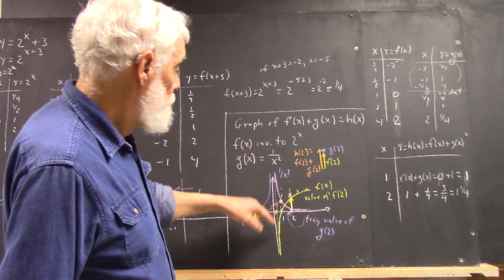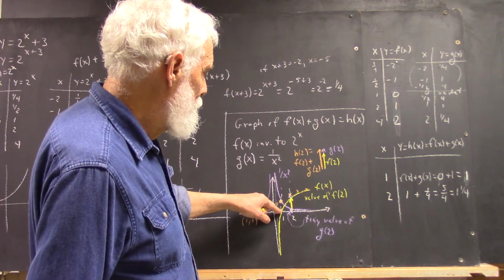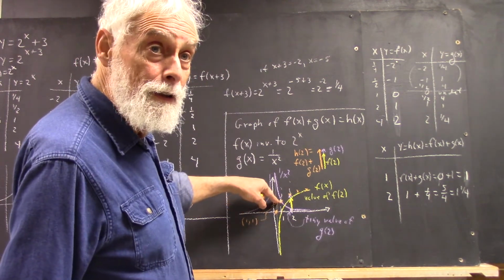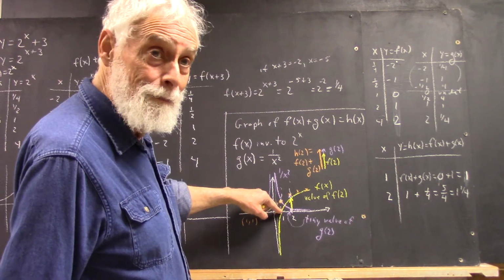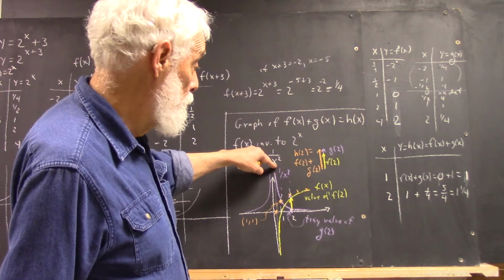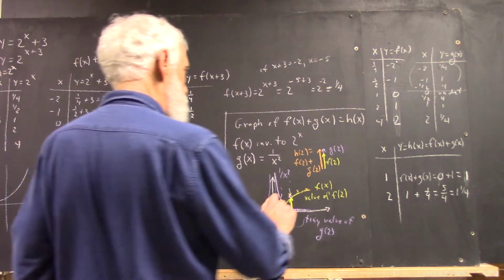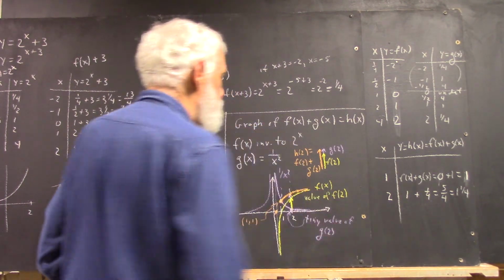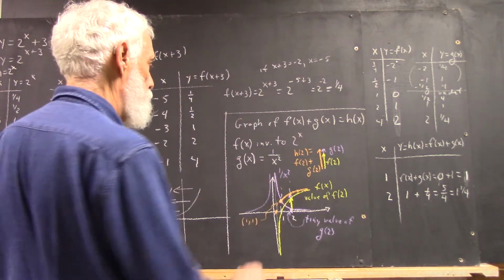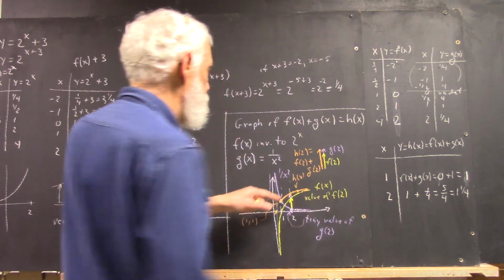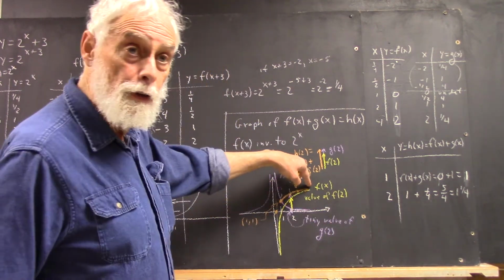On the other hand, as f of x gets close to 0, we're adding essentially nothing. Well, we're adding actually nothing at this point to the value of the h of x, or the g of x function. So that our h of x function, at least between here and here, is going to pretty much look like this.